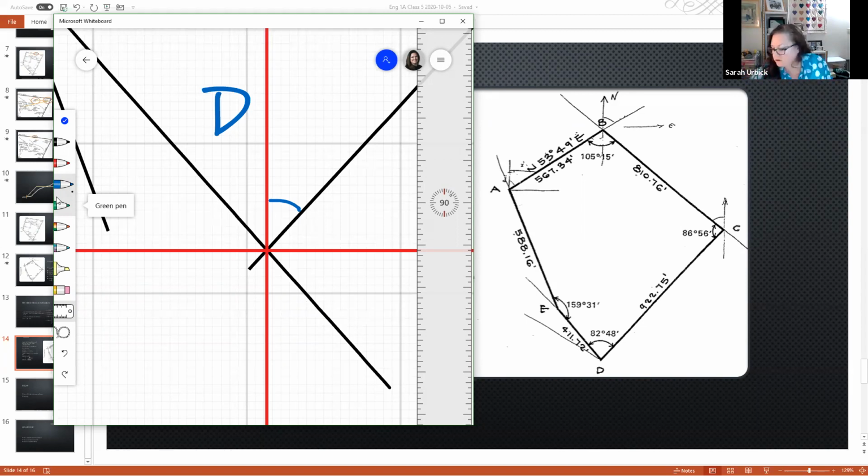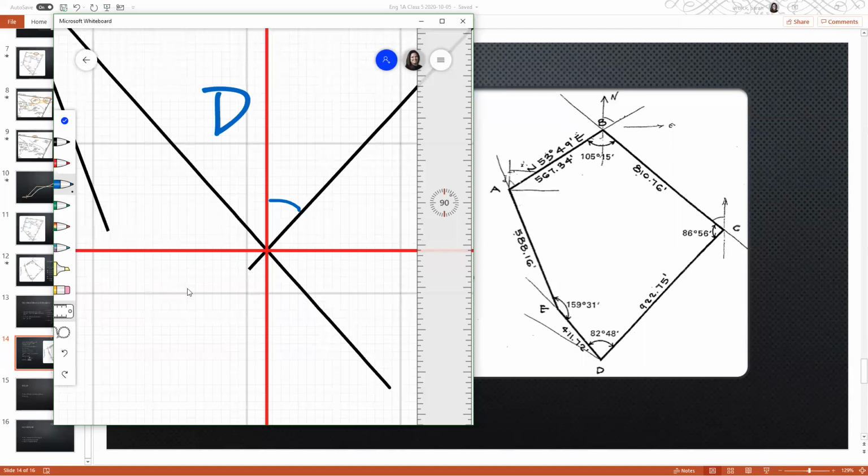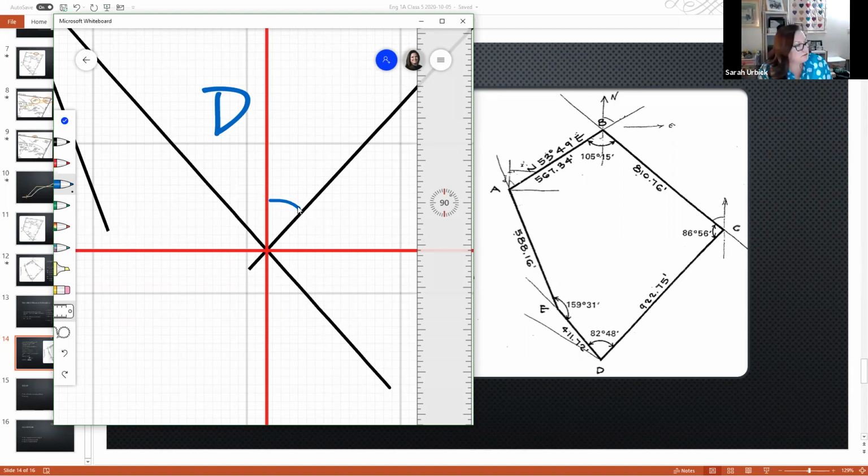We have the bearing, I think. It's north toward east of that blue angle, that's going to be the bearing from C to D, which we just calculated.